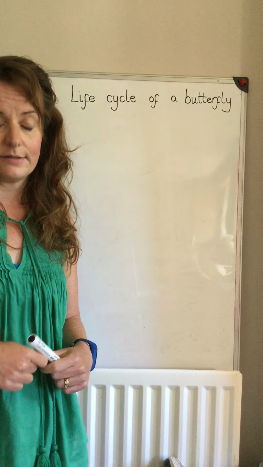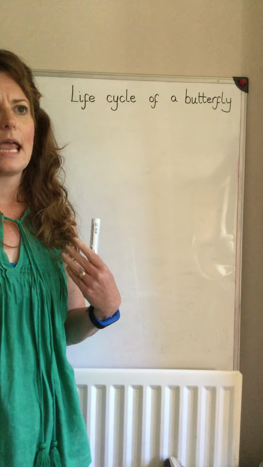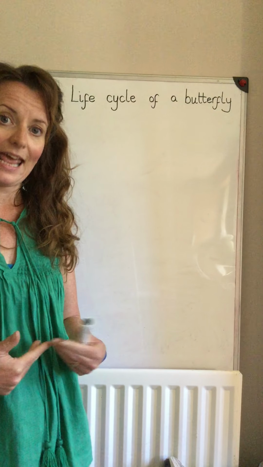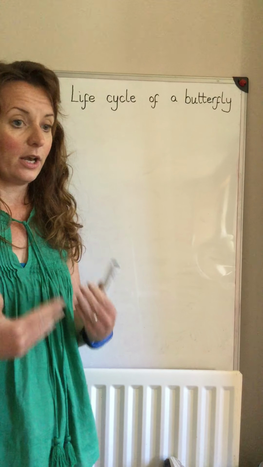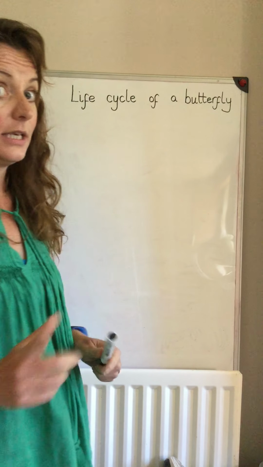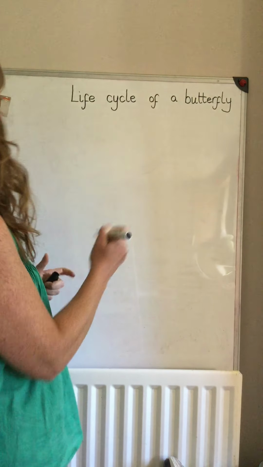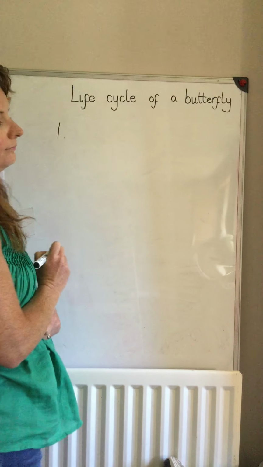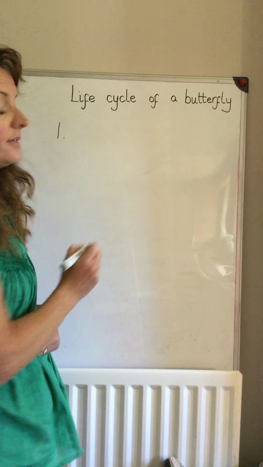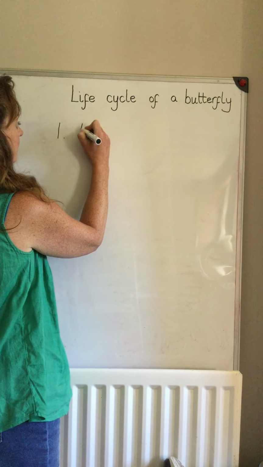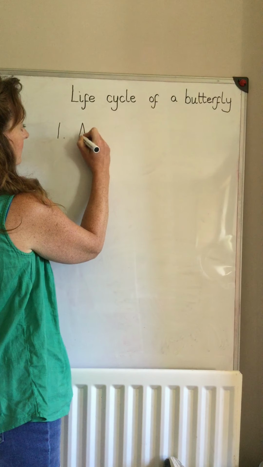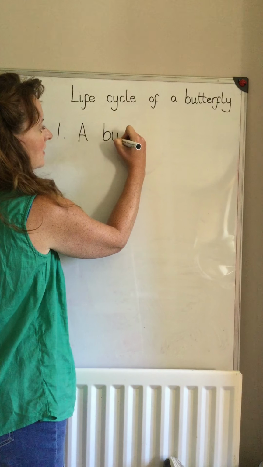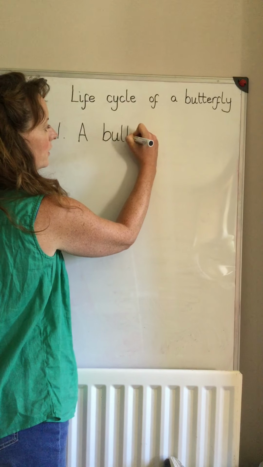So the first sentence is: a butterfly starts its life as an egg. Now I know from my actions and my text map that I need to remember to do the number with this. So, number 1. A butterfly. I know how to spell butterfly because I've learnt it already.